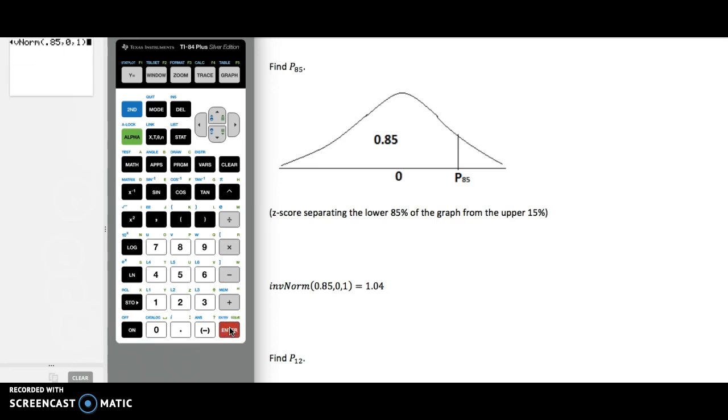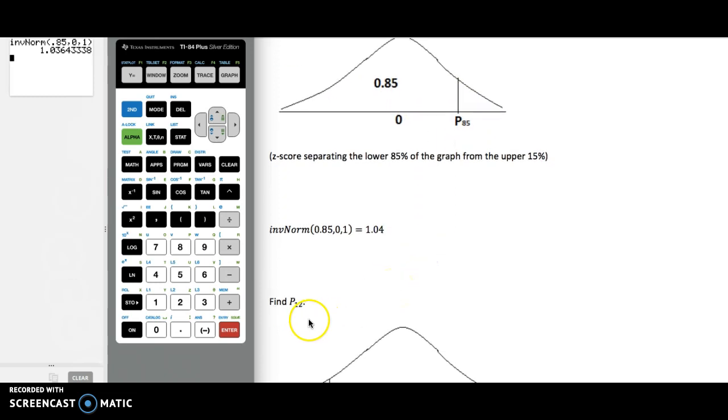Press enter, enter again, and you end up with a z-score of 1.04, rounding to 2 decimal places. So if you go out 1.04 standard deviations above the mean, you have about 85% of the graph below that number and about 15% above that number.